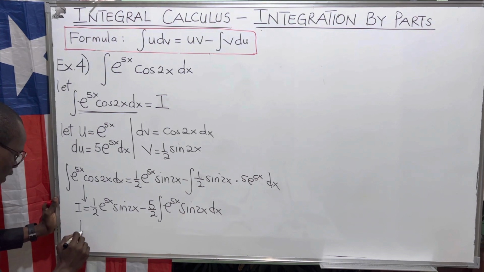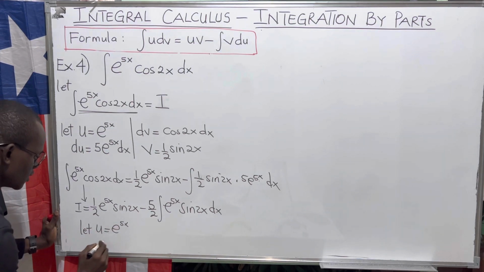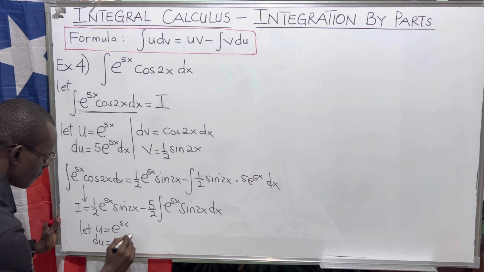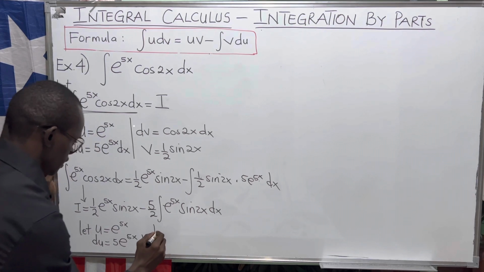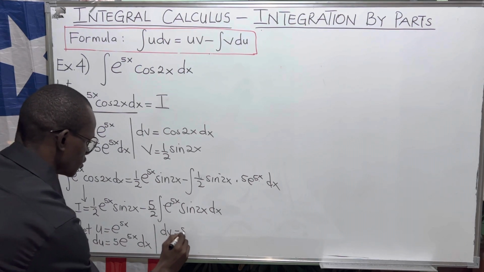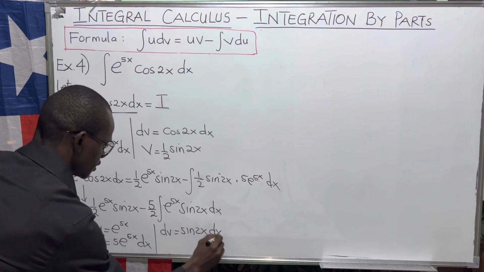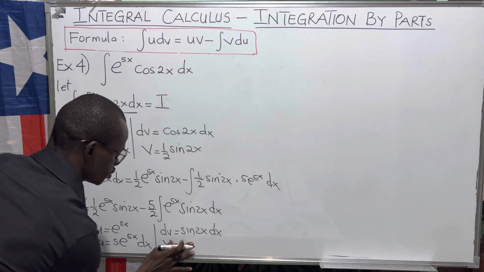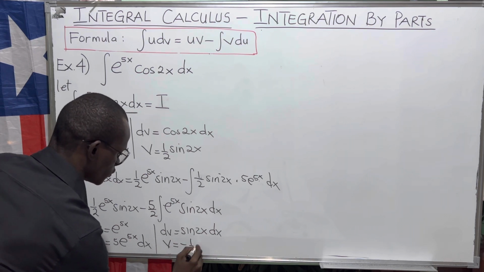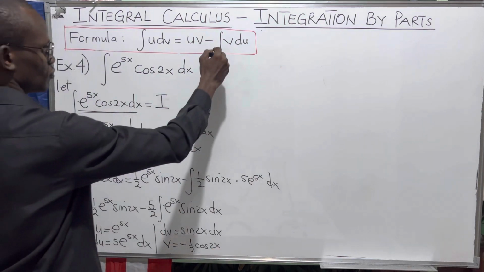Again, I say let my u be equal to e raised to the power 5x, and then du equals 5 e raised to the power 5x dx. Then let my dv equal sine of 2x dx. So my v now will be minus 1 over 2 cos of 2x.